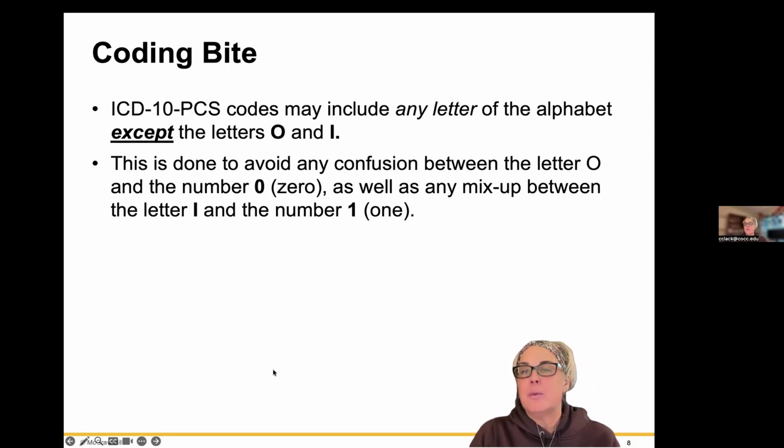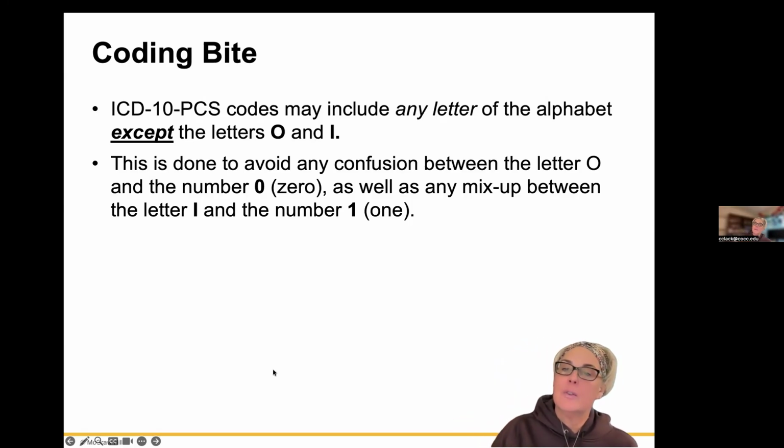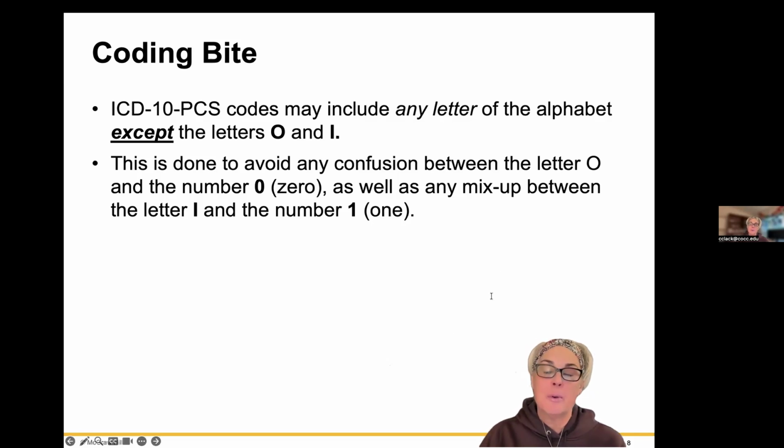Here's a quick PCS rule that will save you some time and prevent errors. In ICD-10-PCS, codes can use letters and numbers, but PCS does not use the letters O and I anywhere. The reason is simple. The letter O looks too much like 0, and the letter I looks too much like the number 1. PCS eliminates those 2 letters to reduce confusion and improve accuracy, especially when codes are typed, read quickly, or copied between systems.